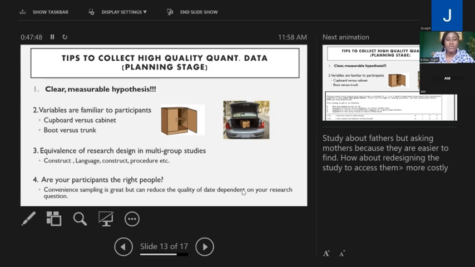If you are working with people from different groups and different cultures, you want to be sure that the process of your research is the same for both groups. Your ultimate goal is to reduce as much bias and as many extraneous variables as you can that can influence how your participants respond. Remember, you are giving only structured responses.